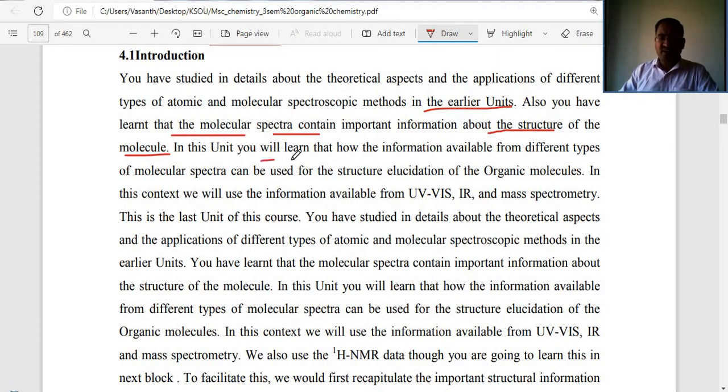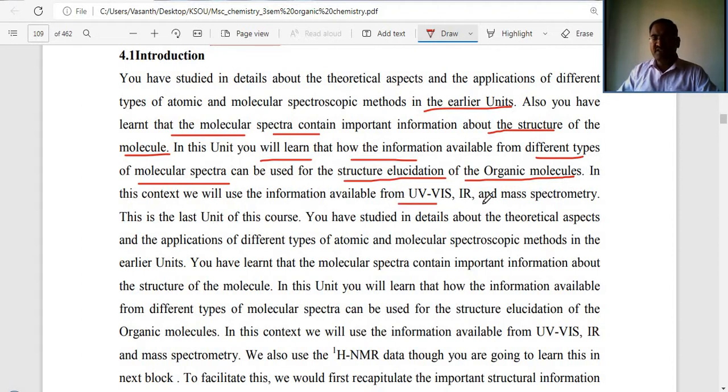In this unit, you will learn how the information available from different types of molecular spectra can be used for the structure elucidation of an organic molecule. In this context, we will use information available from UV visible, IR and mass spectroscopy.